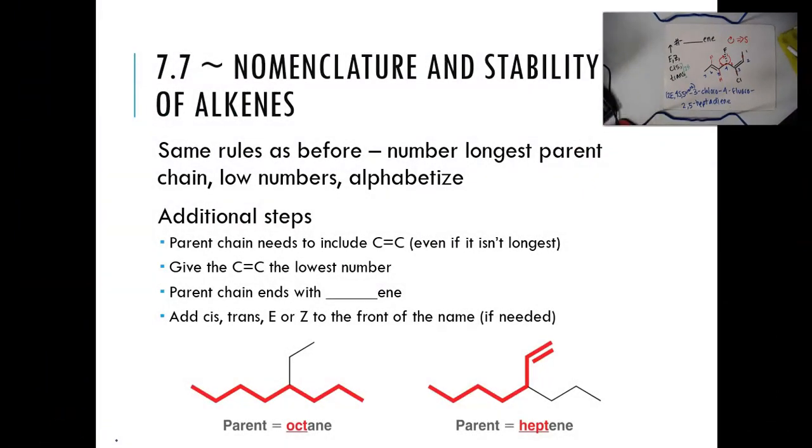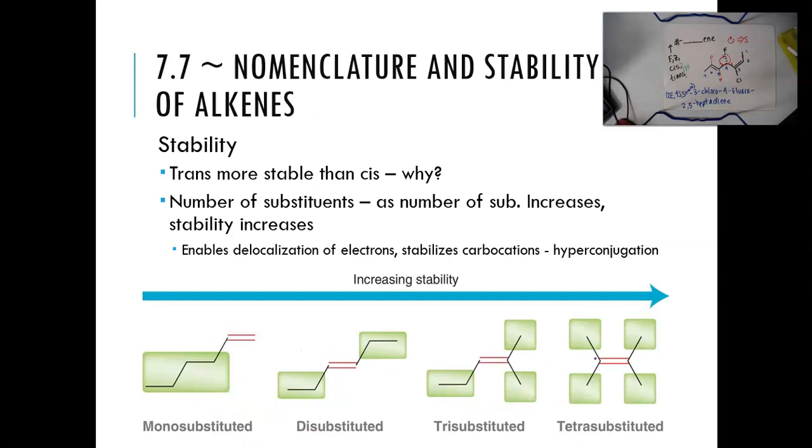So the second half of the section is looking at the stability of these double bonds, and really it comes down to 2 things. Our double bonds are more stable when they have more carbons attached to them. So our monosubstituted are the least stable, followed by di, and then tri, and then tetra. The second thing that plays into stability is trans versus cis.